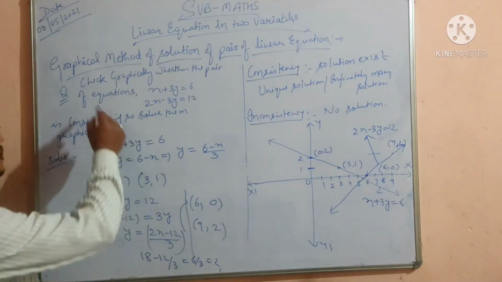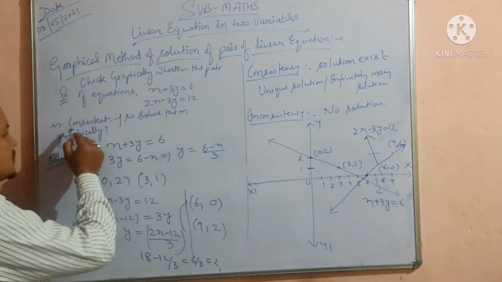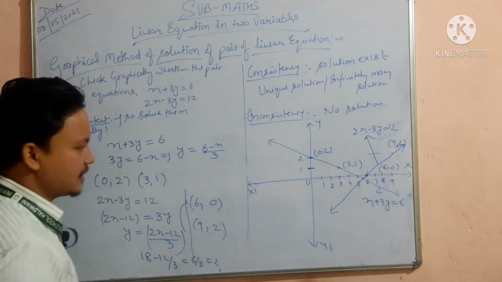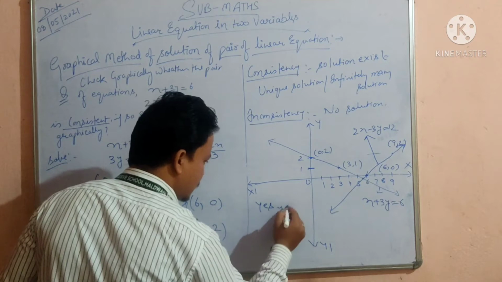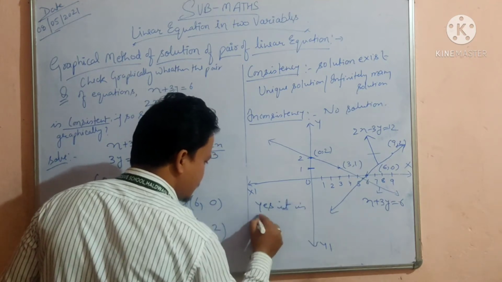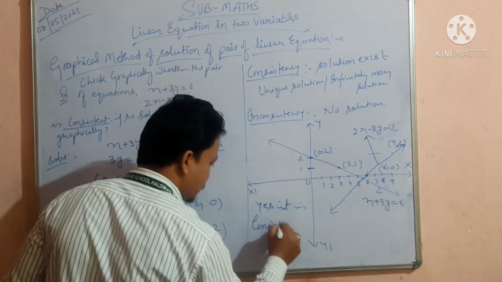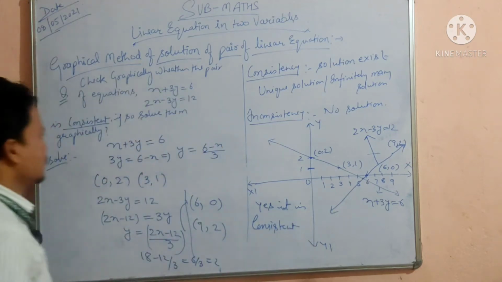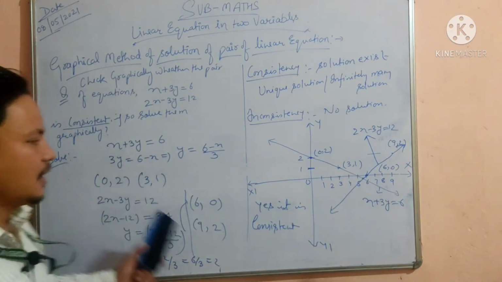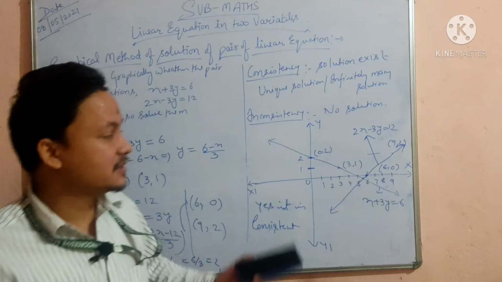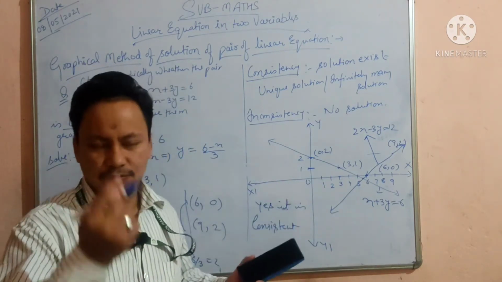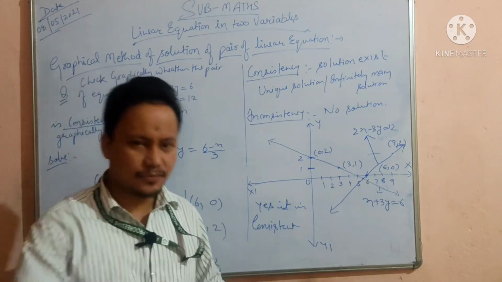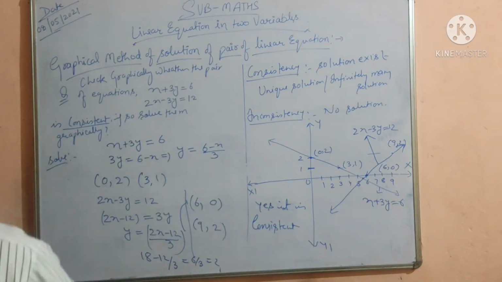So for the question, graphically whether the pair of equations is consistent, we will write here: yes, it is consistent. And why is it consistent? Because they have one intersection point. It means they have one unique solution. Okay, pause the video and take the screenshot.